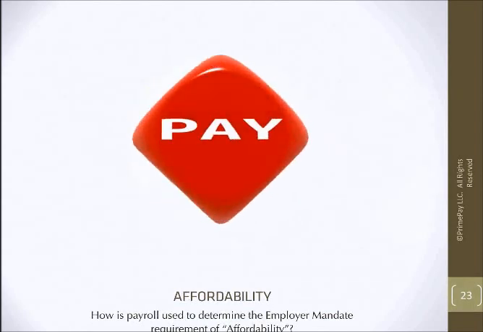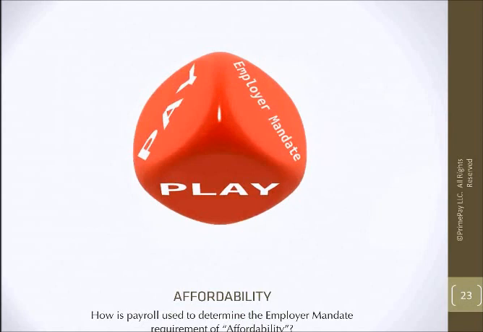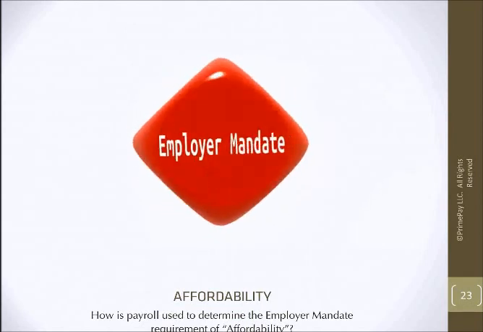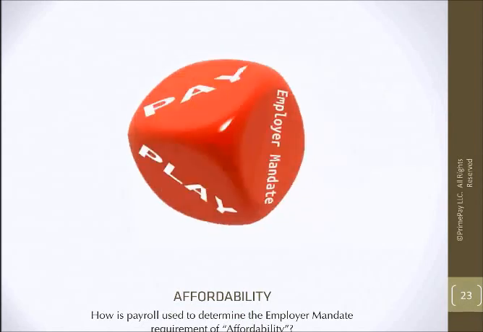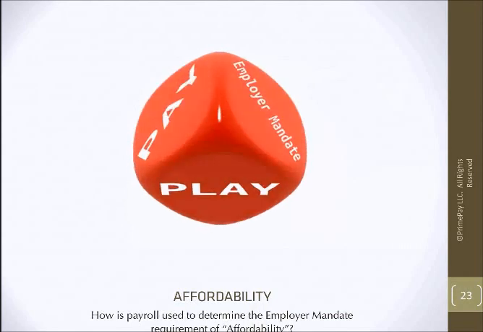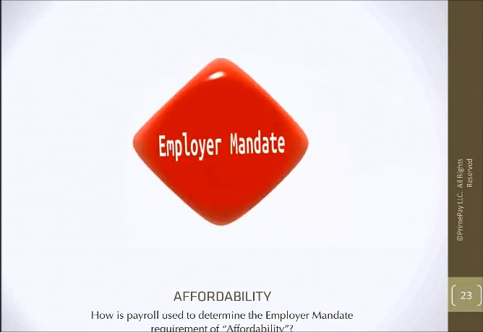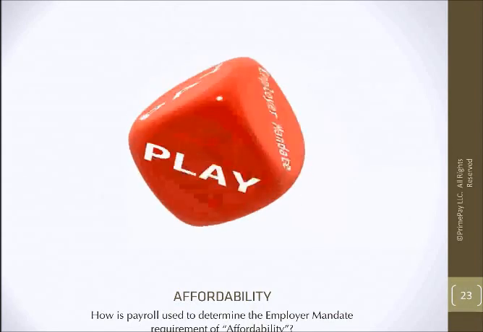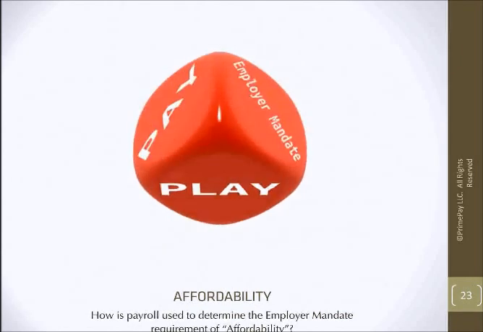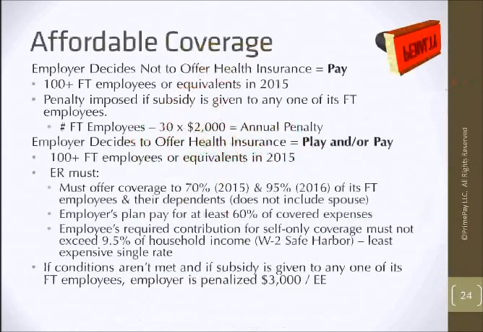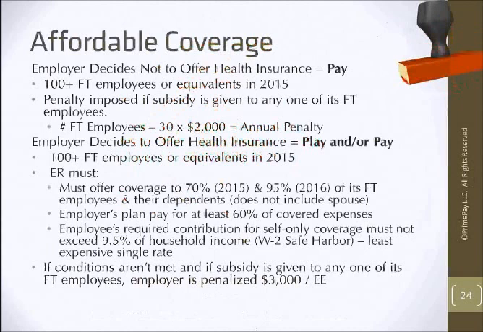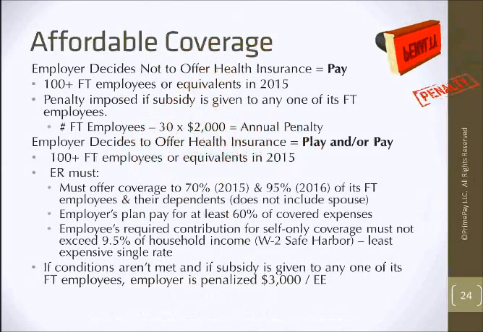But then you also have the play side of the aisle, where an employer can offer coverage, but then, forget it, I'm not making it affordable. Let's just see who goes out and receives a subsidy, right? So they could play, but not play entirely, or they could play entirely. So let's look at a couple of the examples, because all of this is found in payroll.